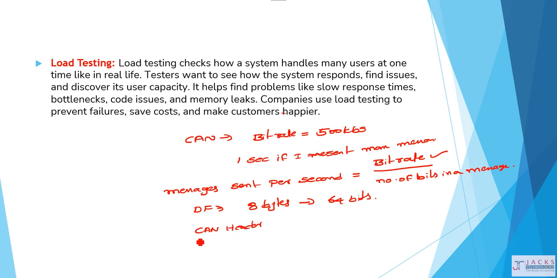What is the CAN header? The CAN header is start of frame, arbitration field, RTR bit, then DLC, identifier extension bit, then data bytes, the 64 bits that we transmit, and CRC field, acknowledgement field, right? End of frame, IFS. We have a lot of things, right?